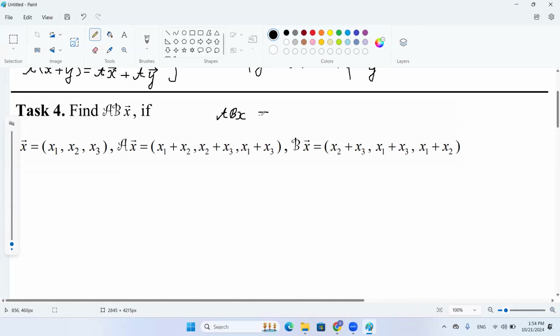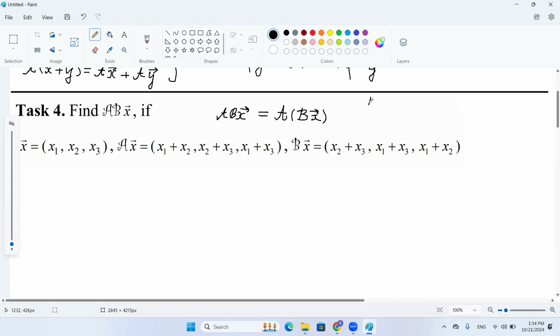So, what does it equal? In this case, first we can put brackets here. So we apply operator B to x, and then we apply operator A to this element. Or I can even expand it.